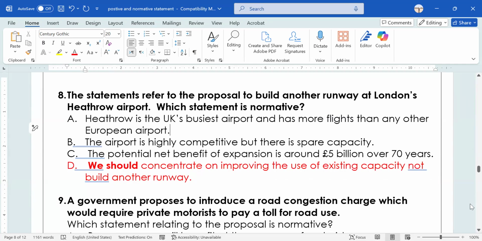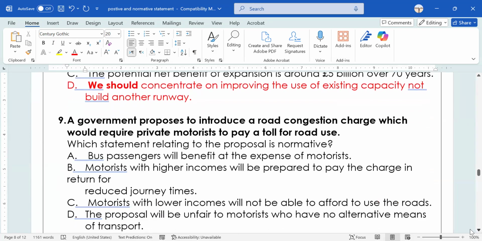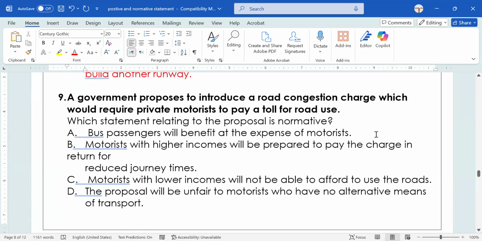Okay, number nine. The government proposes to introduce a road congestion charge, which would require motorists to pay a toll for road use. Which statement relating to the proposal is normative? So we're talking about the opinions here. There are lots of "will." Letter A, you have will benefit.